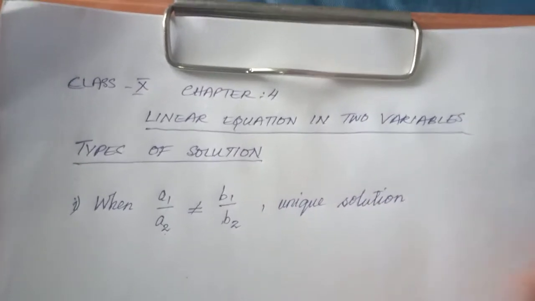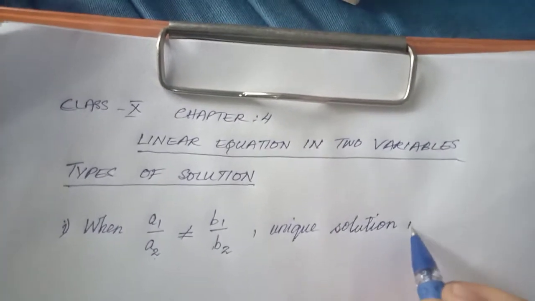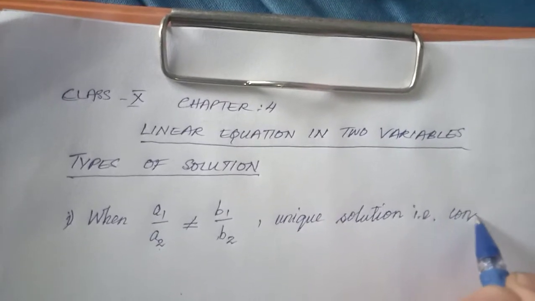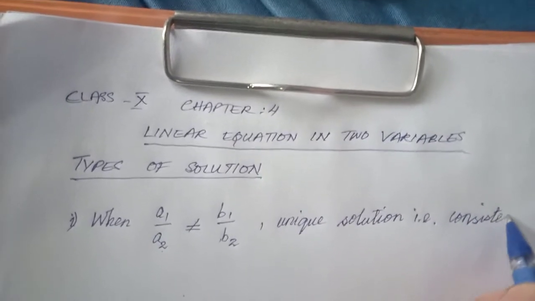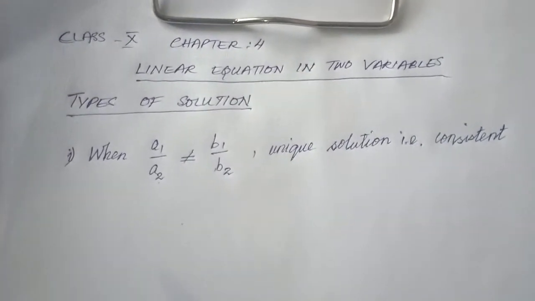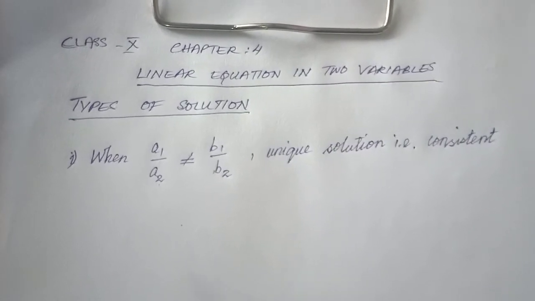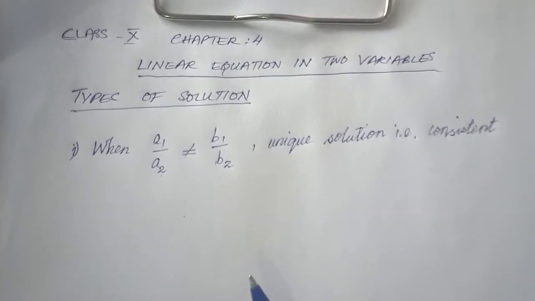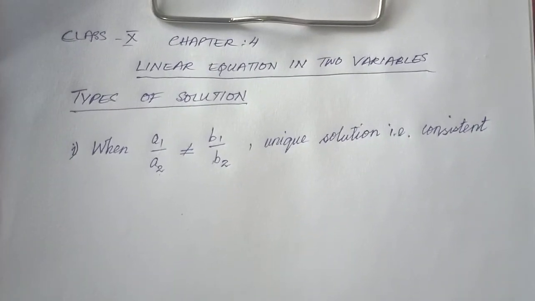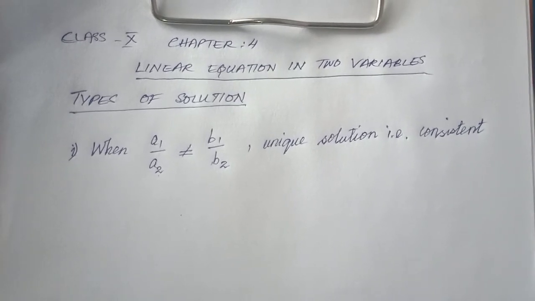Unique. The values of x and y are unique. We also call a unique solution consistent. Before we draw a graph, we can tell whether the given linear equations have a unique solution, or intersect at a point, or are coincident, or parallel.